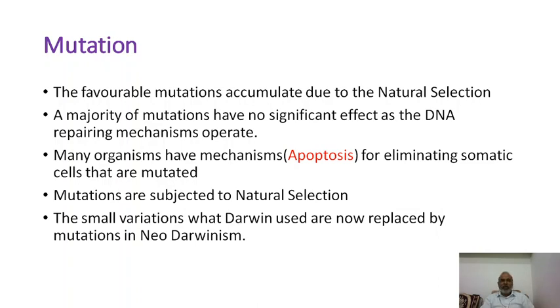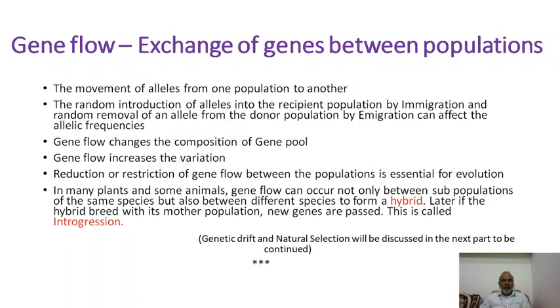So the small variations Darwin used are now replaced by mutations in neo-Darwinism. What is the main difference between Darwinism and neo-Darwinism? Darwinism: small variations. Neo-Darwinism: sports, that means large mutations. So mutations play a very important role in bringing evolution, and they are the only source of creating a new variety, a new allele.